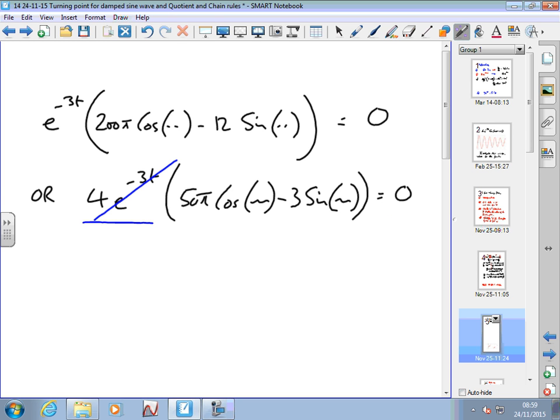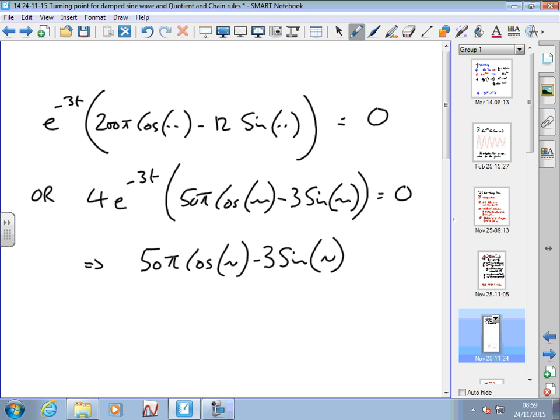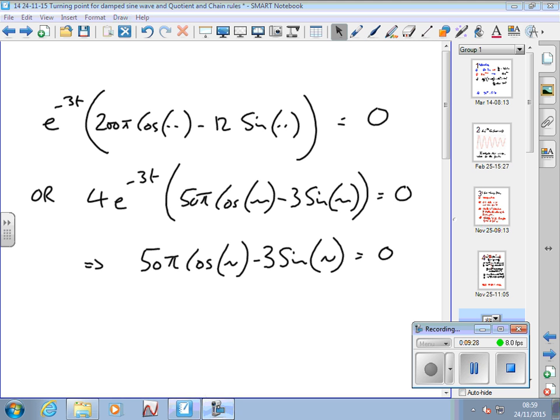So divide both sides by 4e to the minus 3t, and that will disappear. So this implies 50 pi cos of this bracket minus 3 sine of this bracket equals 0. The 4e to the minus 3t term disappears.